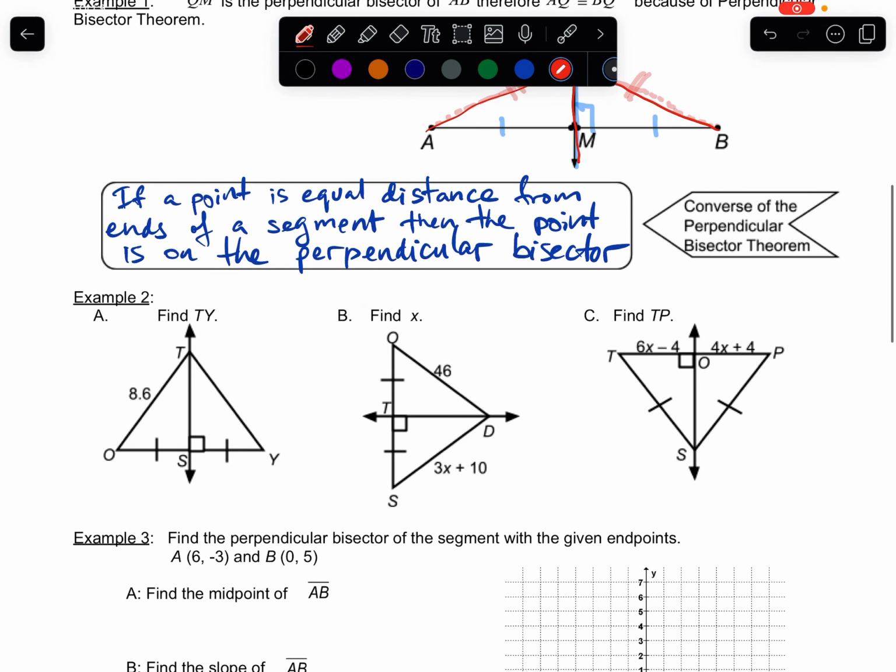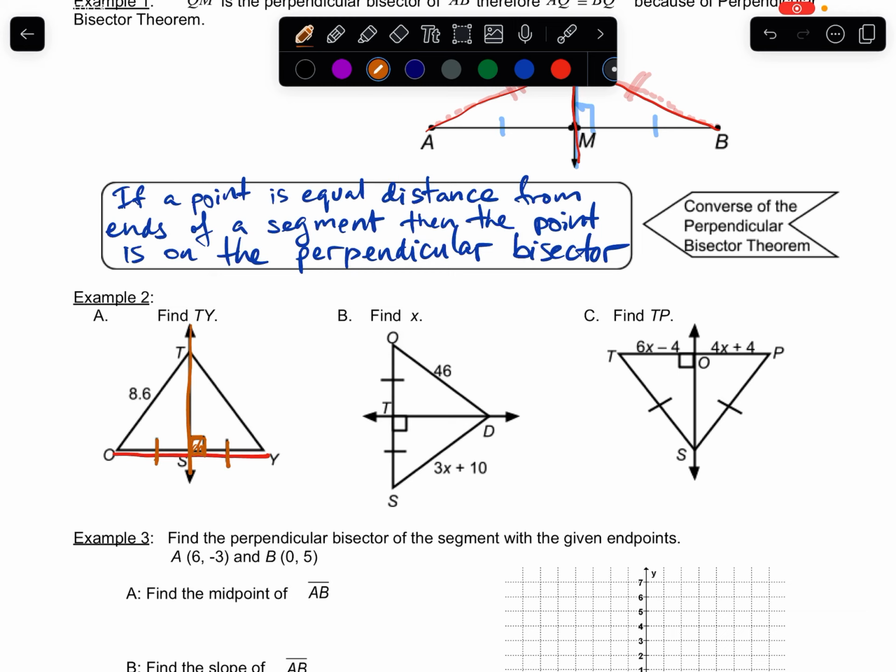Okay. So let's go look at our examples. Example 2 says, well, let's look at this. We have a segment OY, okay, and then we have this line ST right here. Notice that ST bisects OY, and it's also perpendicular.